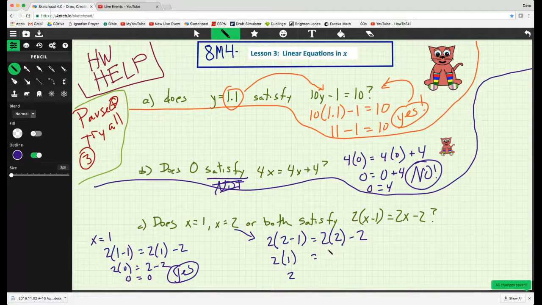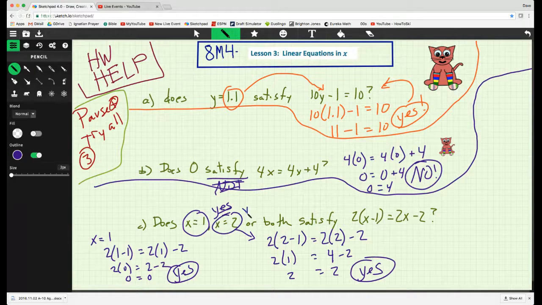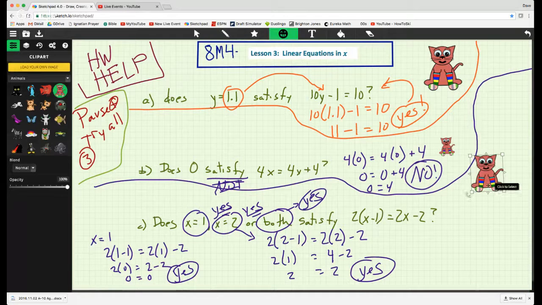The right side is 4 minus 2 equals 2. Wow, that works too. So yes to x equals 1, yes to x equals 2. They both satisfy. And so that's another happy cat.